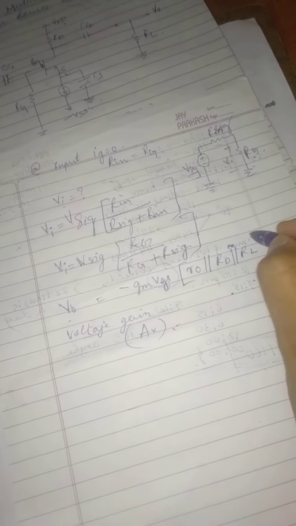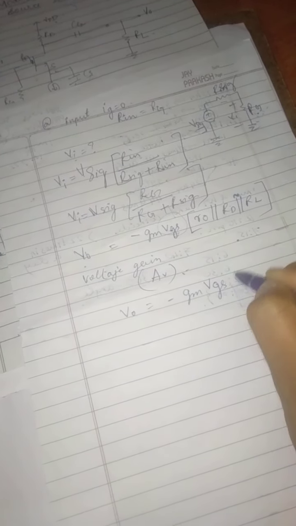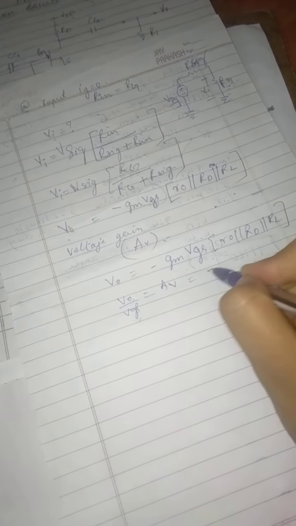So now V0 is equal to minus gm VGS into Ro parallel to RD parallel to RL. This VGS comes down. So V0 by VGS, which is equal to Av, output by input, the voltage gain, is minus gm into Ro parallel to RD parallel to RL. This is what we are going to get for our voltage gain.